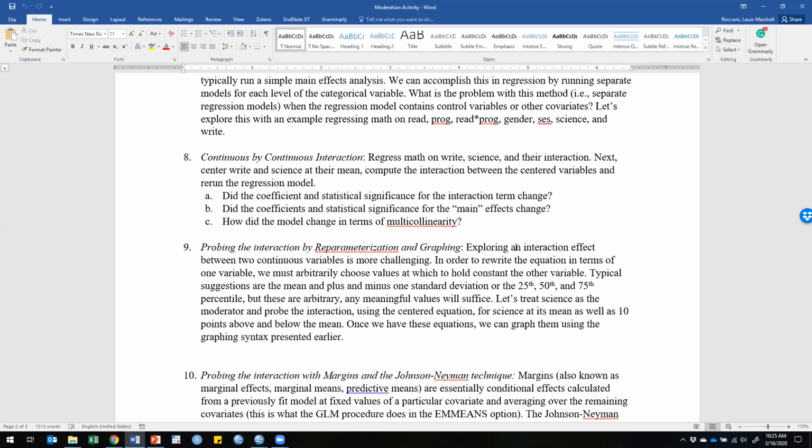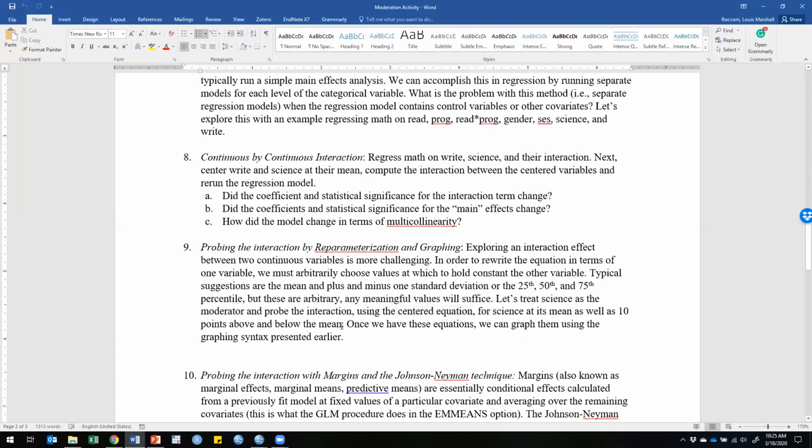A lot of people will choose the mean, maybe plus or minus one standard deviation of the mean, or choose the quartiles, 25th, 50th, 75th percentile. But really any meaningful value will do. On here, I ask you to use the centered equations, and then for science, hold out its mean, as well as 10 points above and below.